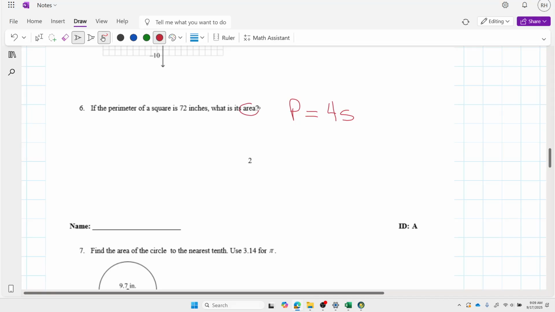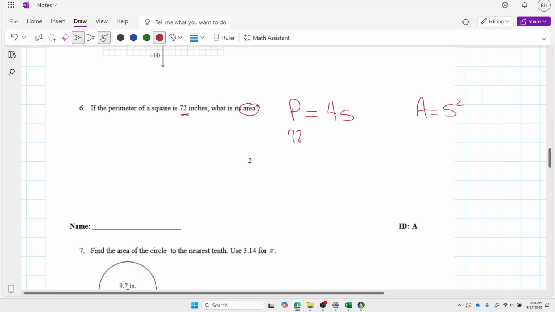You need to find the area though. Area is equal to one of the sides squared. So since area requires a side length, you need a side length. But you know the perimeter. So you take the perimeter formula and replace the P with a 72.